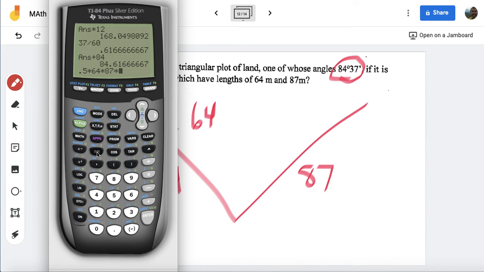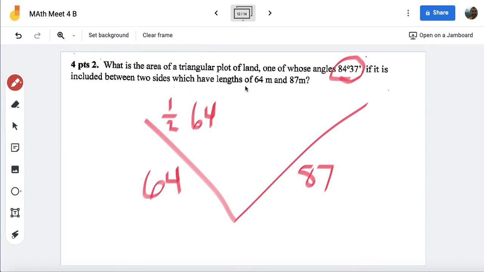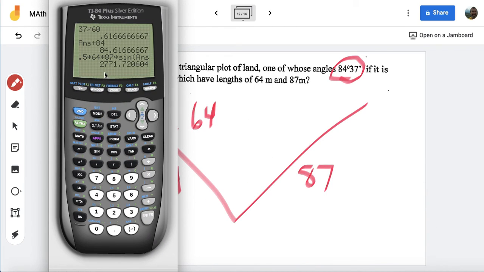Times the sine of the angle. Well, I already have the angle typed in here, so I'm going to use this function and get 2,771. They didn't specify what to round to, so I need to go 4 decimal places. So technically I should write 2771.7206.